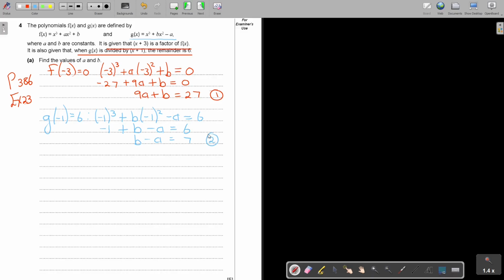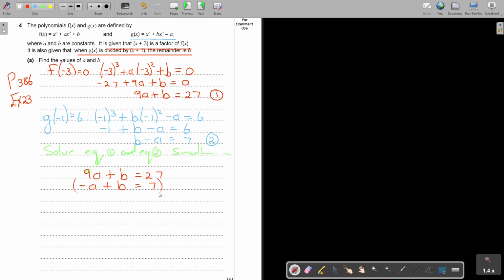Now let's solve equation 1 and equation 2 simultaneously. Basically, I'm going to work in red, I can see better in the red. So 9a plus b equals 27, and then, swapping the two, minus a plus b equals 7.